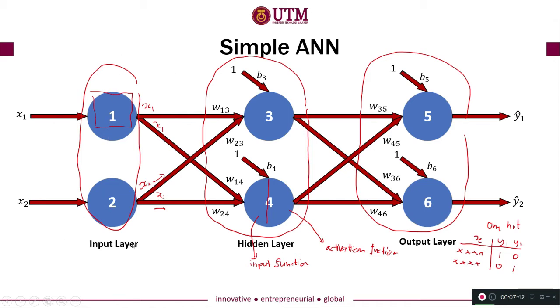Just remember this is not a neuron, so we don't have bias there, because if it is not a neuron, then you don't have any input function and activation function. The variables b4, w14 and w24 will be used in the input function. So anything which is not a neuron should not have the bias. That is the reason. Okay, so that's how I label.